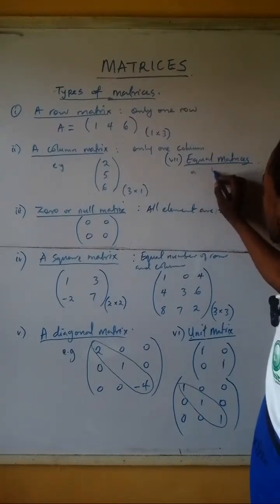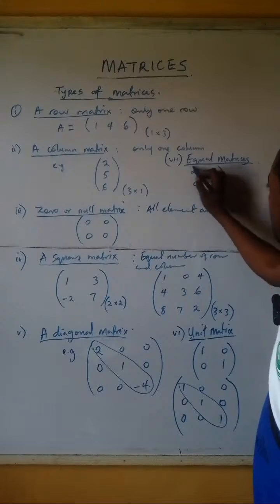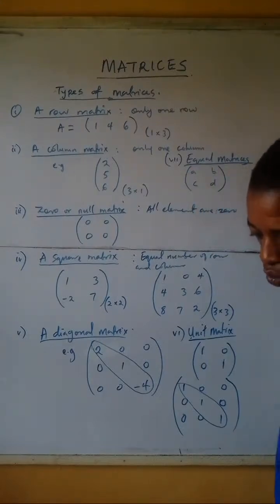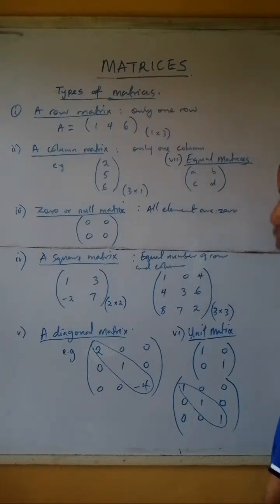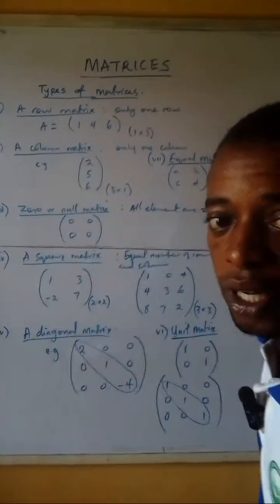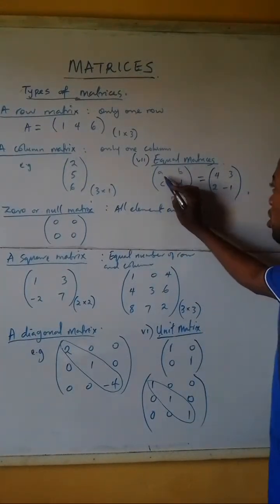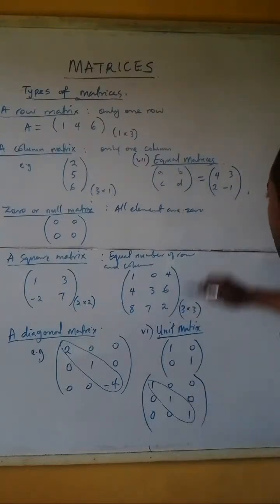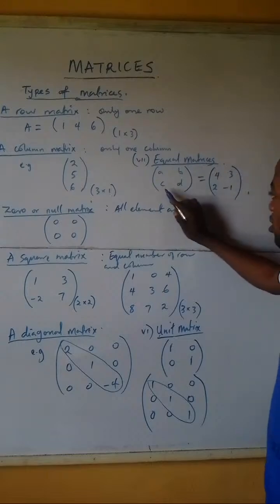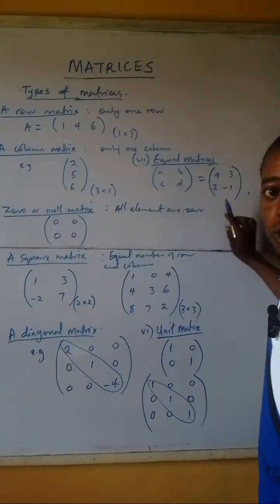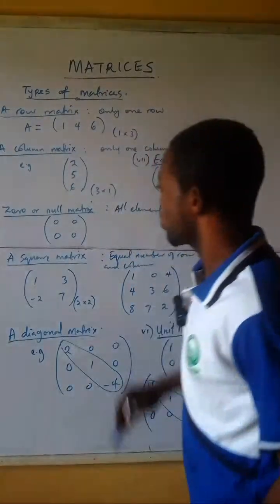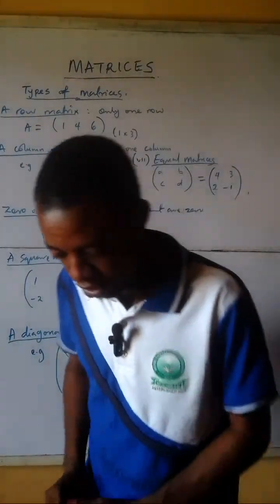For instance, we have A, B, C, D. If this is equal to another matrix, say we have 4, 3, then 2, minus 1, it implies that the corresponding elements are equal. That is, A equals 4, B equals 3, C equals 2, D equals minus 1. So those are equal. So we have these 7 types of matrices here.